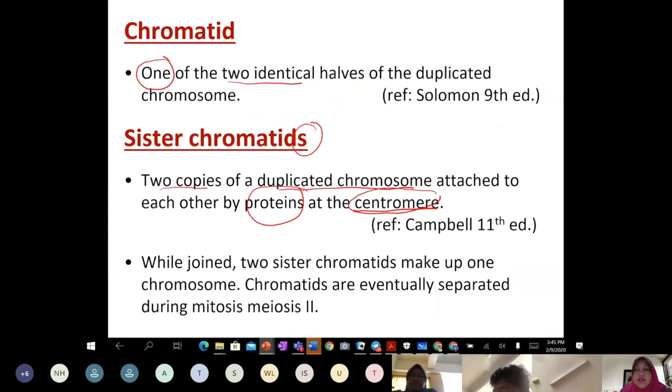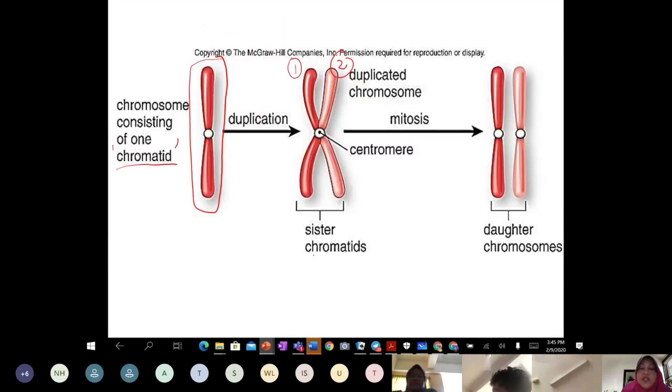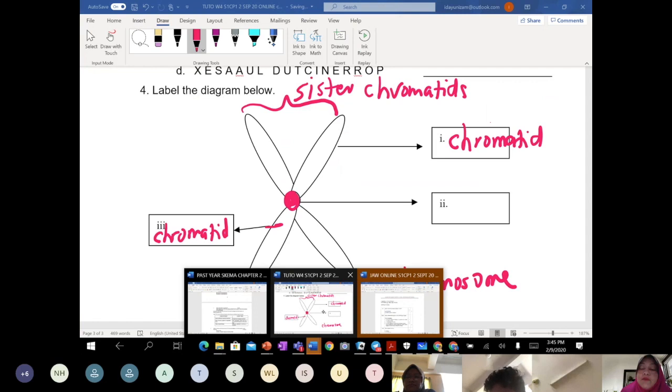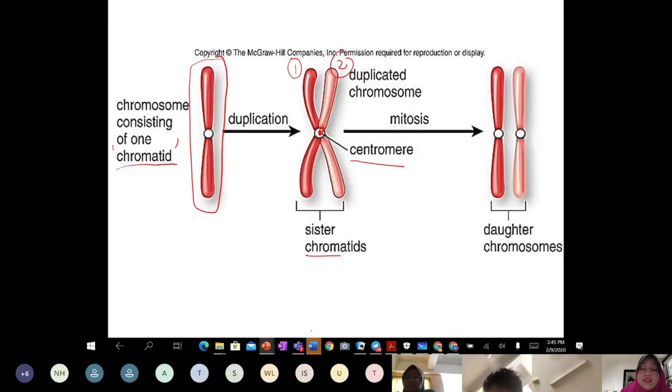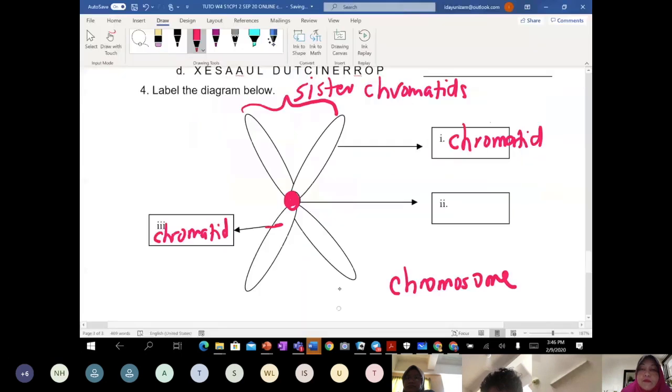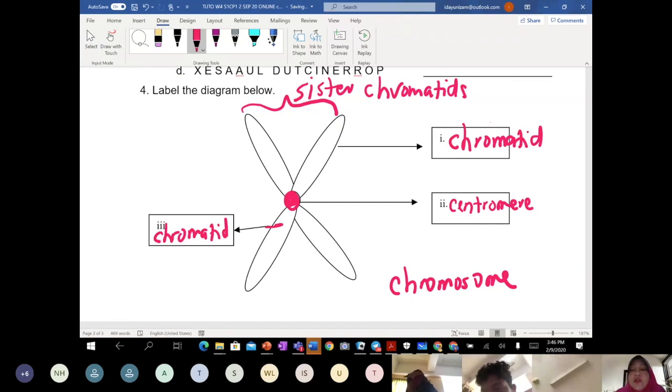So this is a sister chromatid and this is a centromere. Teacher hopes you are able to label this. So this is the structure known as the centromere. This is a very basic diagram that teacher wants you to understand.